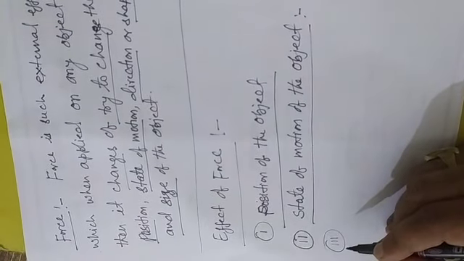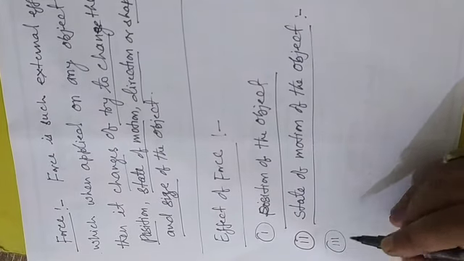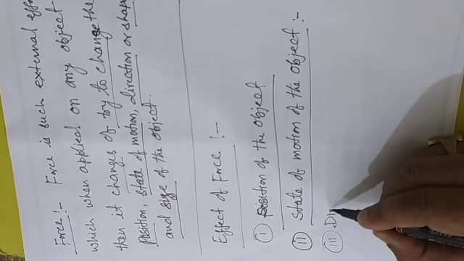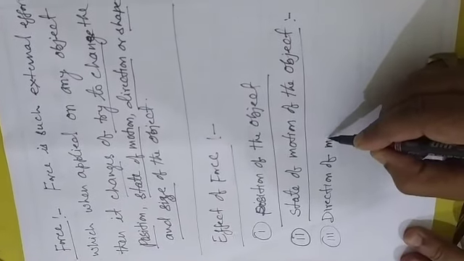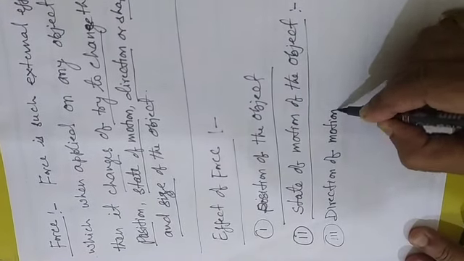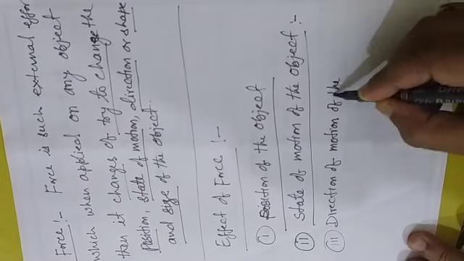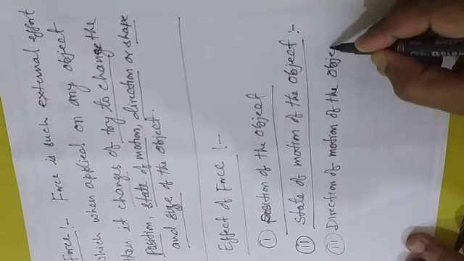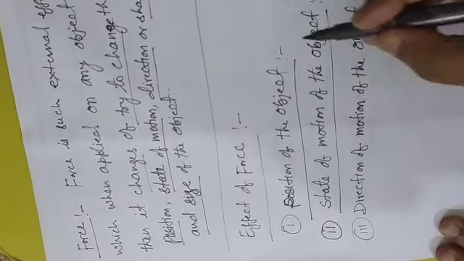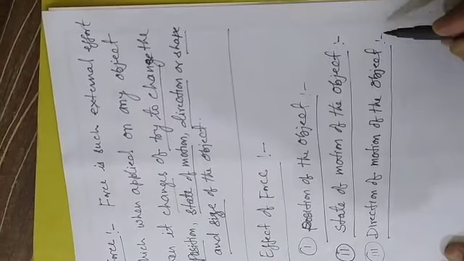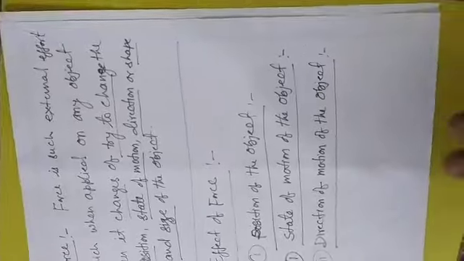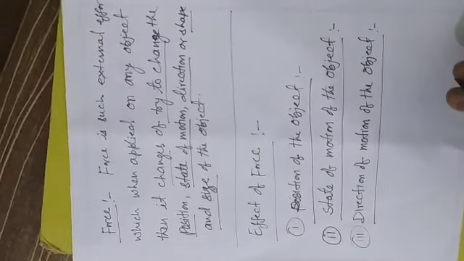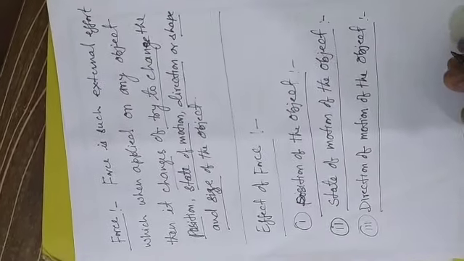Now, the third one is direction of motion of the object. Suppose any object is slowly moving in a particular direction.